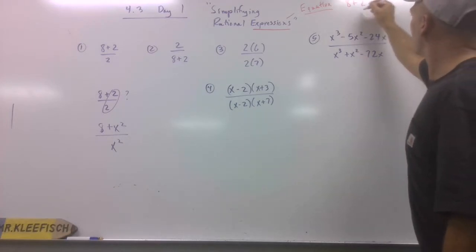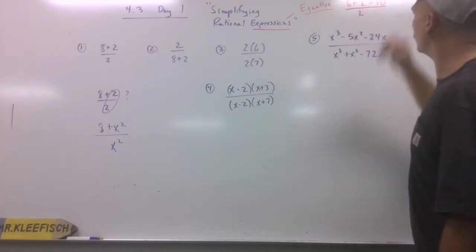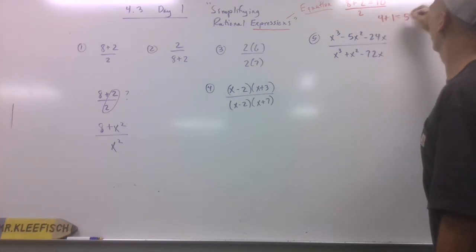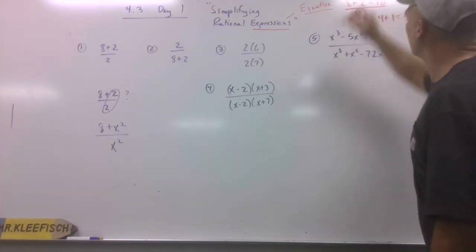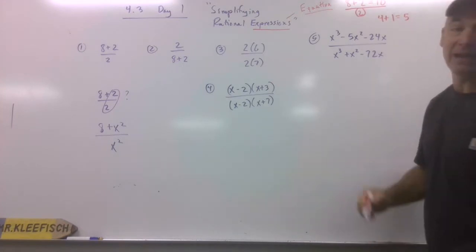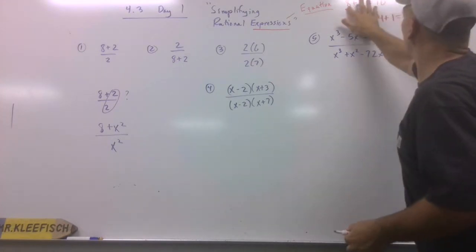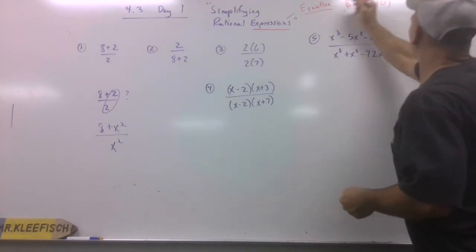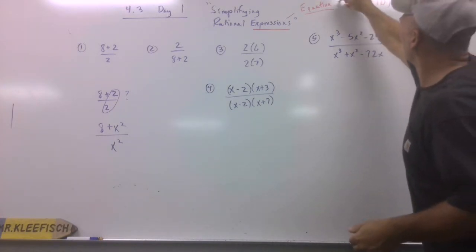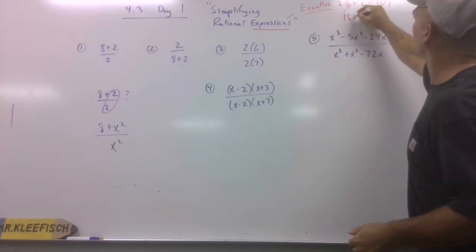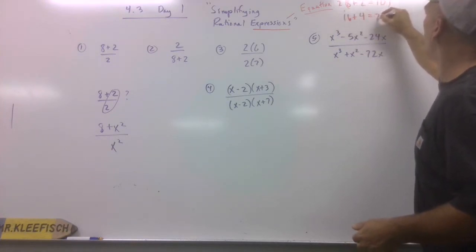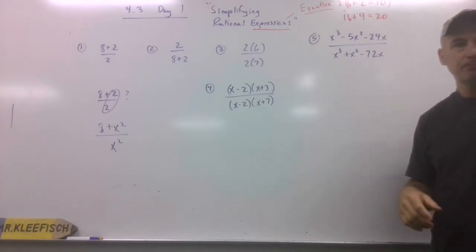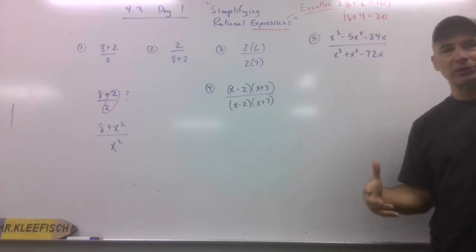We know that's true, but if I divided everything by 2, I would get 4 plus 1 equals 5. So you can divide an equation by anything you want at any time. You can multiply any equation you want at any time. Let's say 2. We get 16 plus 4 equals 20. Those are little tricks up your sleeve that you can use if it's an equation.